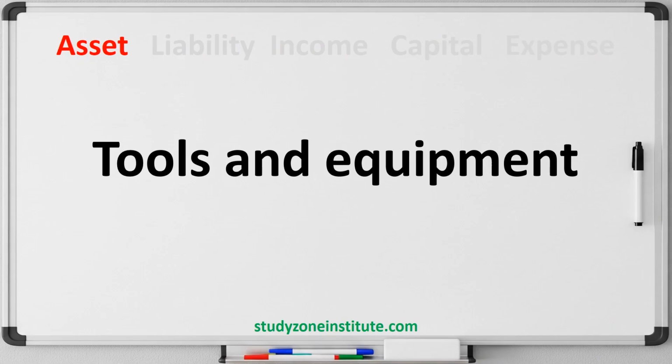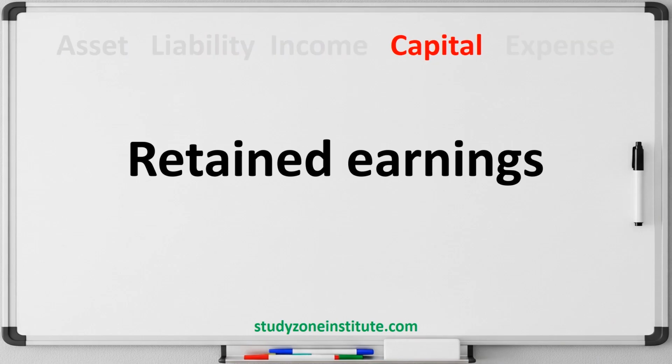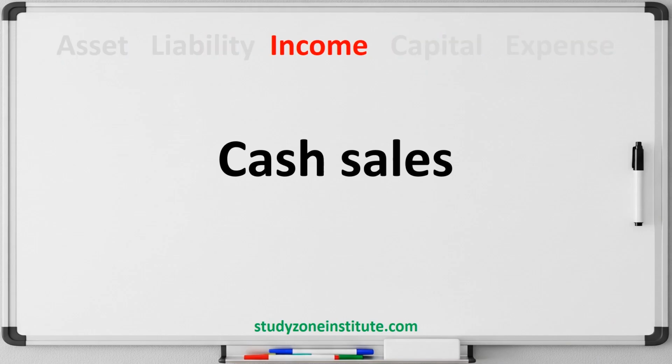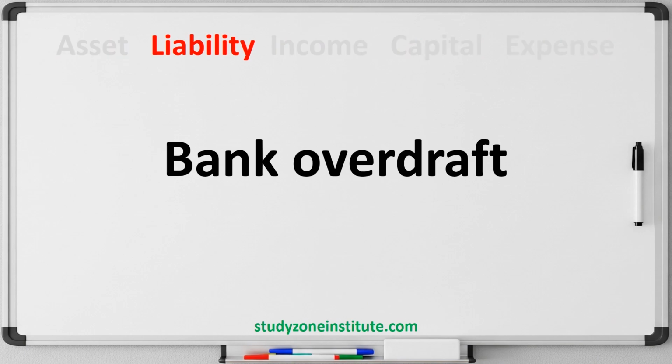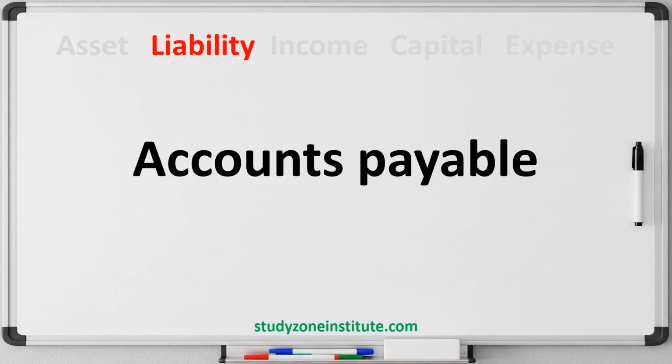Asset. Retained earnings. Capital. Cash sales. Income. Bank overdraft. Liability. Accounts payable. Liability. Building.